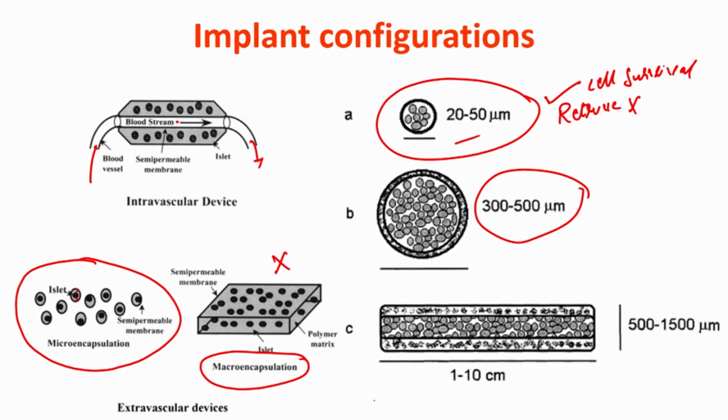And then, as I said, you can flatten it out so that the dimension on the width is in microns, so that these cells can get enough nutrients, whereas the device is long, so they can still survive. These are just some of the models that are out there that you can use to go forward. Each has its own advantages and disadvantages, and it just depends on what application you are trying to target.